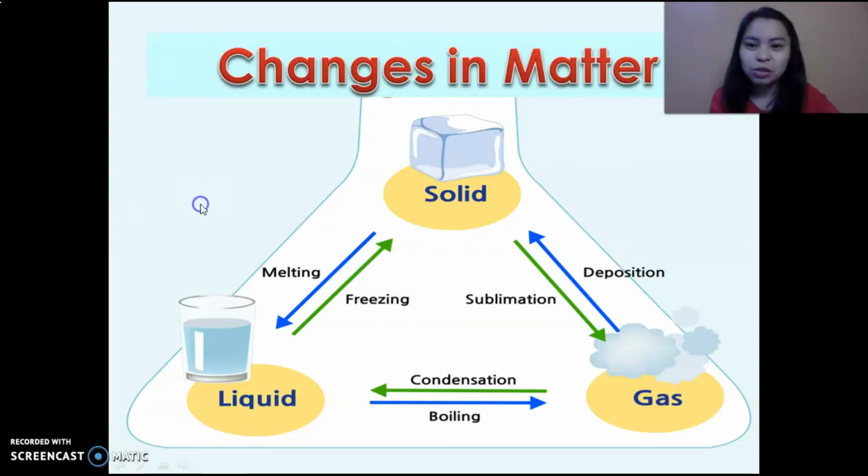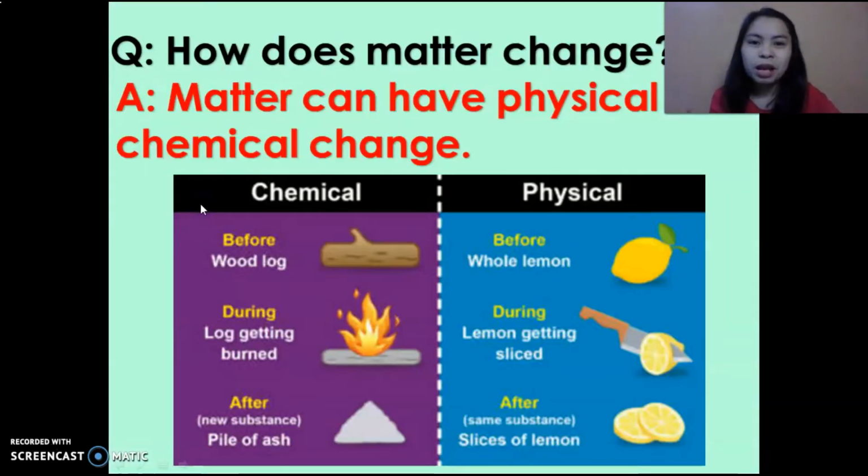Okay, so, my first question. How does matter change? Matter can have physical or chemical change. So if I ask you a question, how does matter change?